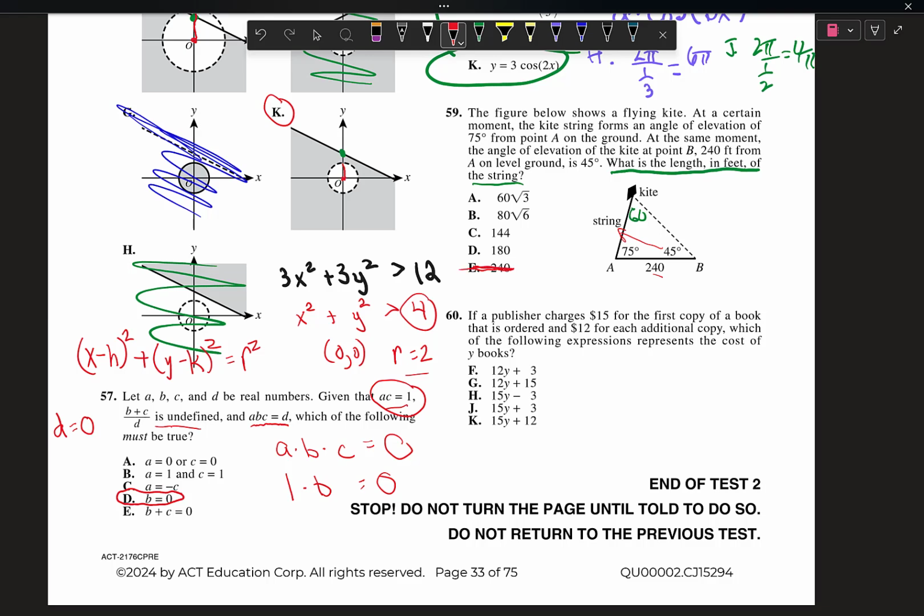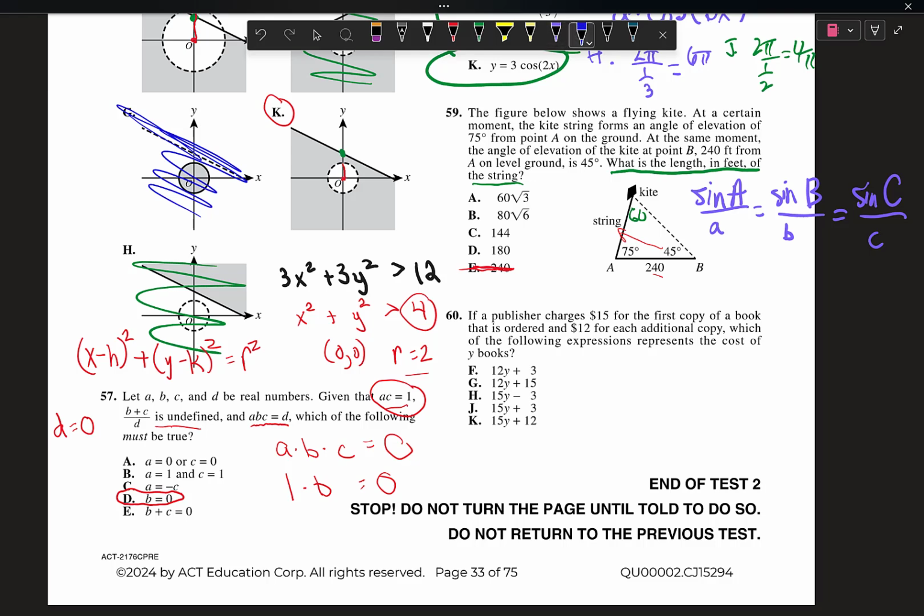But this is ultimately a law of sines problem. And if you forgot what the law of sines is, it's this. It's the ratio of the sine of the angle over the corresponding side.